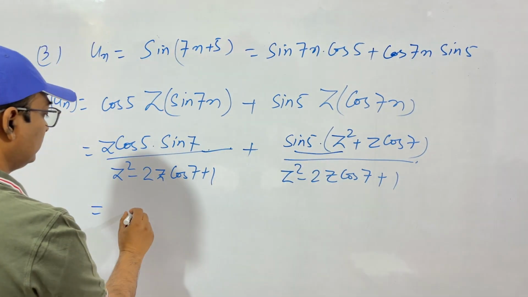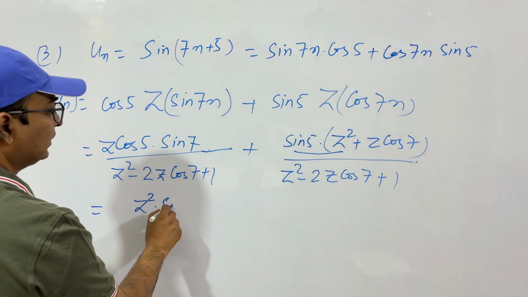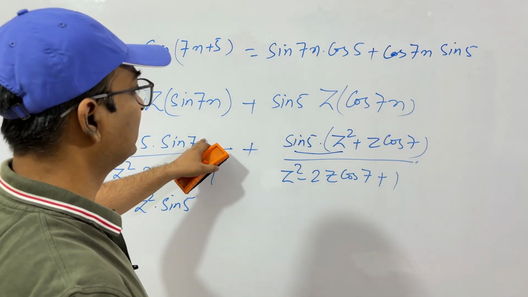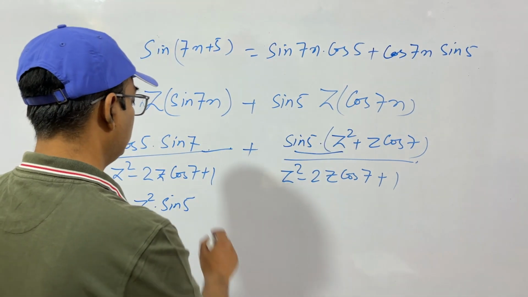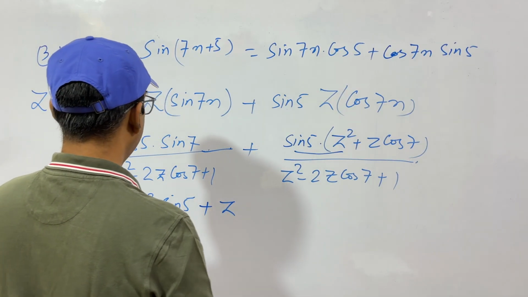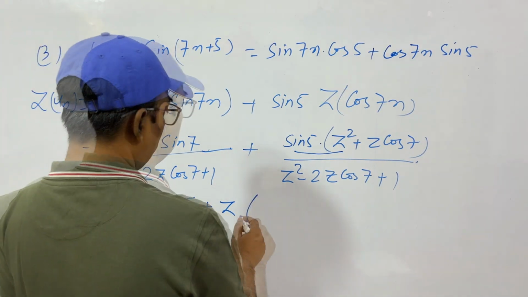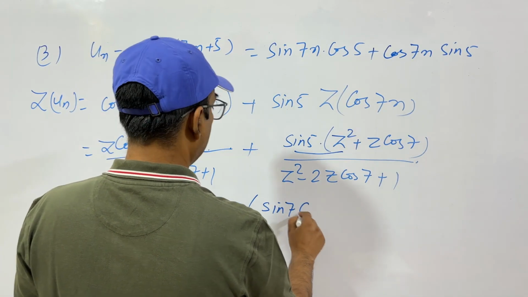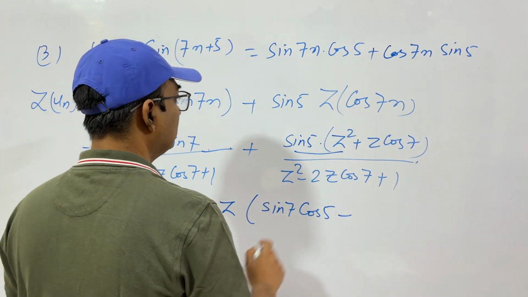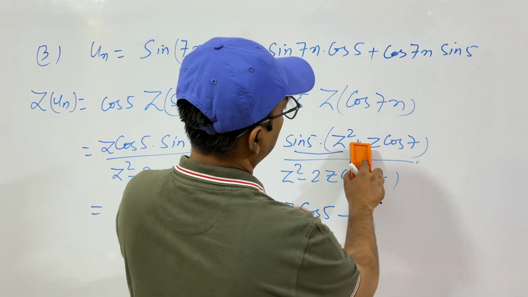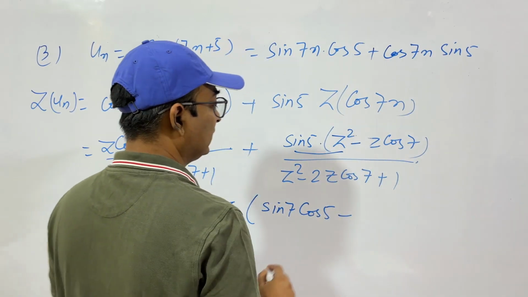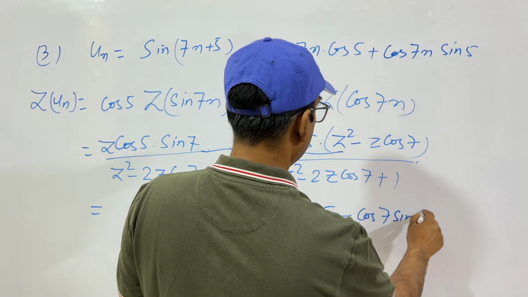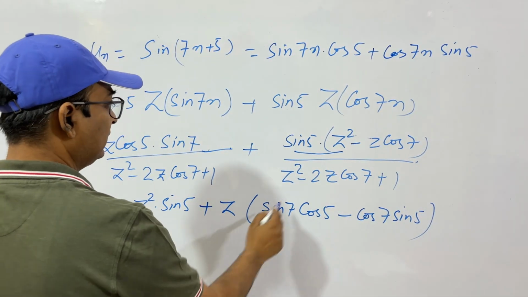Okay. Now you can put them together, so one denominator you'll get out here. So this is z square sin 5, and what about this, z cos 5 sin 7. And then again here. So what you get is essentially z of (sin 7 cos 5 minus, this is not plus, this is minus, z square minus z cos θ) so minus cos 7 sin 5, okay, by this denominator.